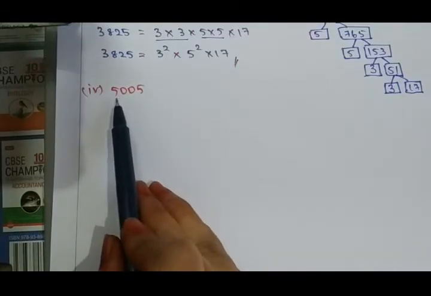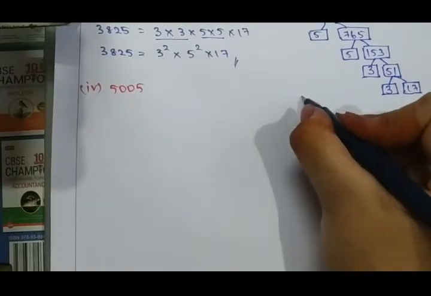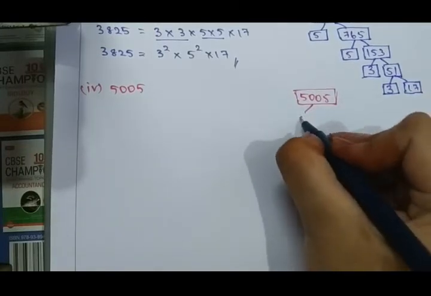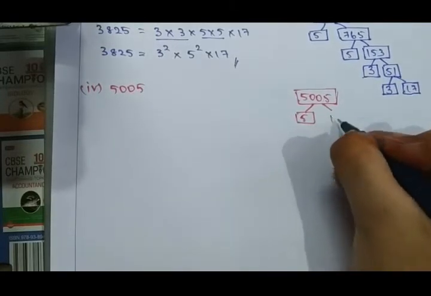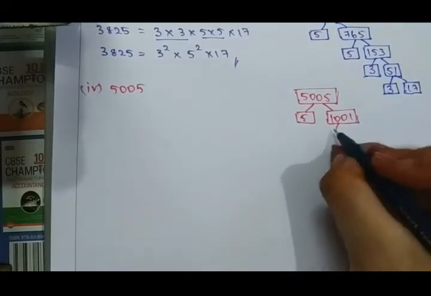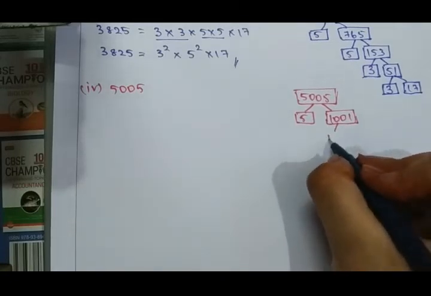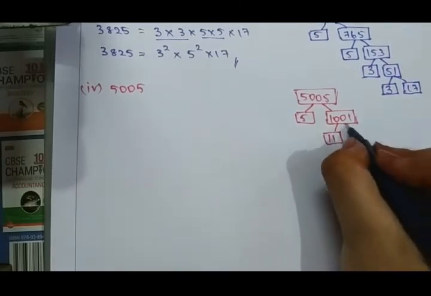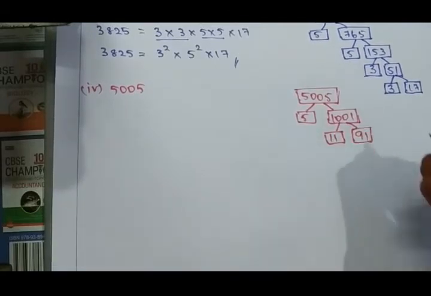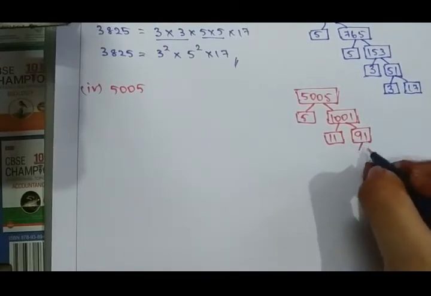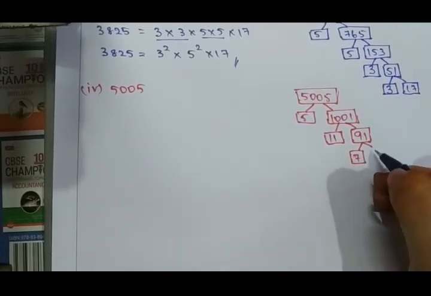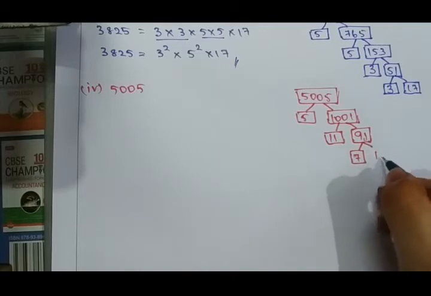The next number is 5005. So we can write this as 5005, 5 into 1001. 5 into 1001 makes 5005 and this 1001 can be written as 11 into 91. So 11 into 91 makes 1001 and this 91 can be written as 7 into 13.